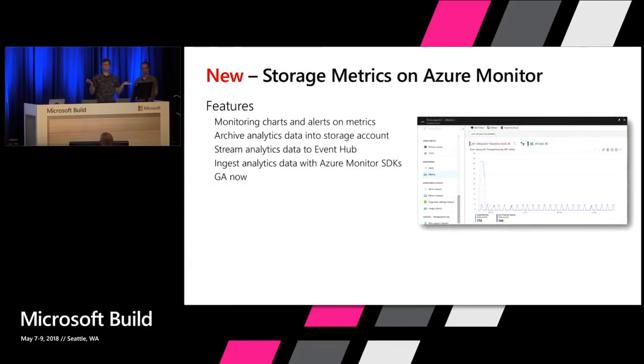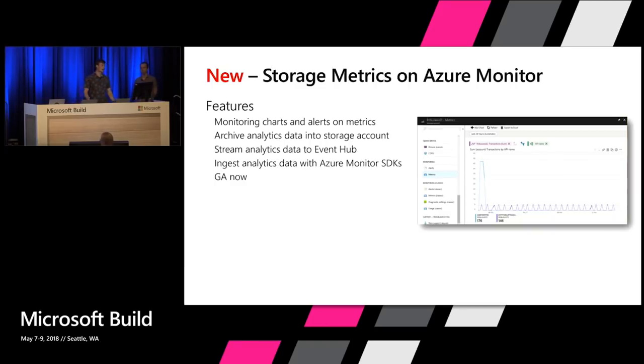Of course, to consume these metrics, we want to use the Azure metrics. We've always had metrics, but recently we now have integration with the Azure Monitor services. This enables monitoring charts and alerts on metrics.